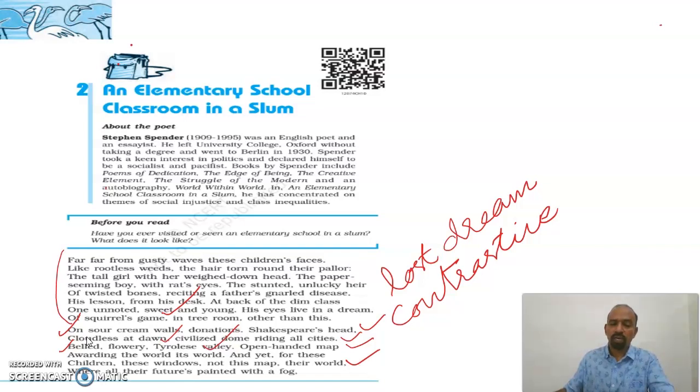On sour cream walls. Sour cream walls here means the pale cream, because it has been painted for a long time. Now it got grayed. Sour cream walls. Some donations can be seen on these walls.